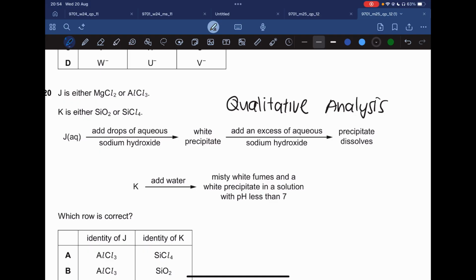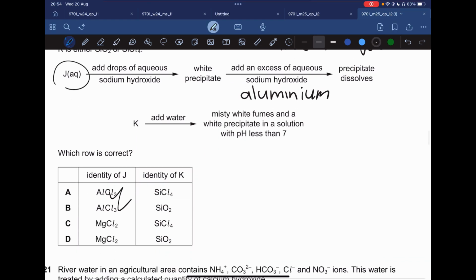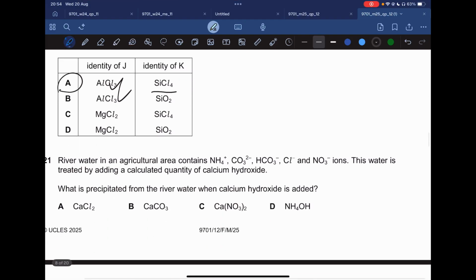When you add sodium hydroxide and it forms a white precipitate and the precipitate dissolves, it is aluminium. So J has to be aluminium. K, adding water, misty white fumes. Remember, misty white fumes means hydrochloric acid is formed, and that means we have to be looking at silicon chloride.